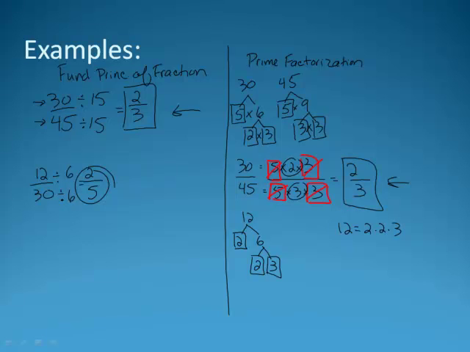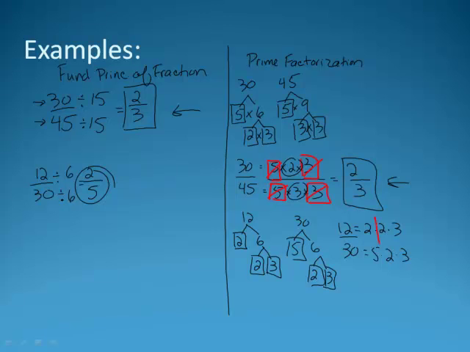Now let's break 30 down. 30 is the same as 5 times 6. 5 is prime, but 6 will break down again. 6 is 2 times 3. Both of those are prime. So we find that 30 is equivalent to 5 times 2 times 3.